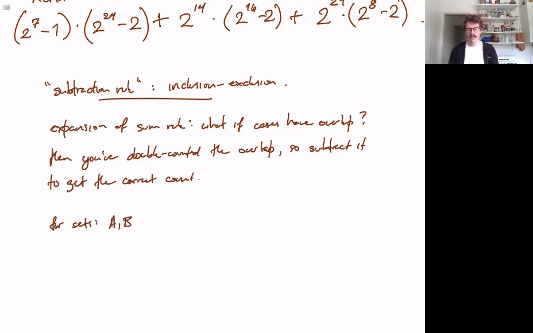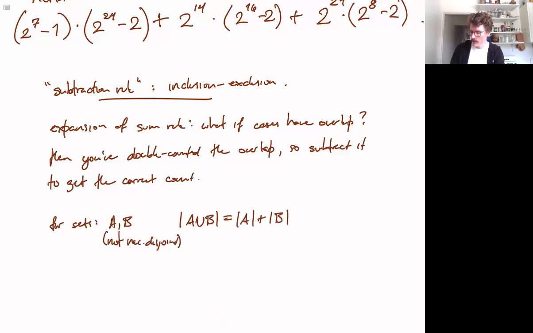So our analog for sets, remember for the sum rule, we assumed that these were disjoint. So now we're saying they're not necessarily disjoint. Then, what is the cardinality of A union B? Well, again, use the sum rule.